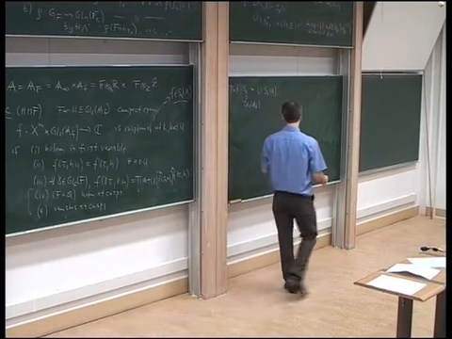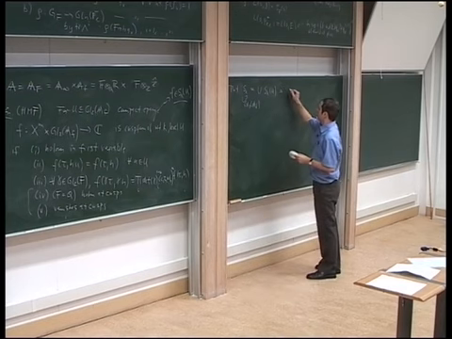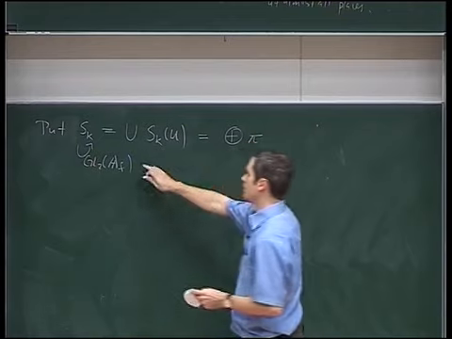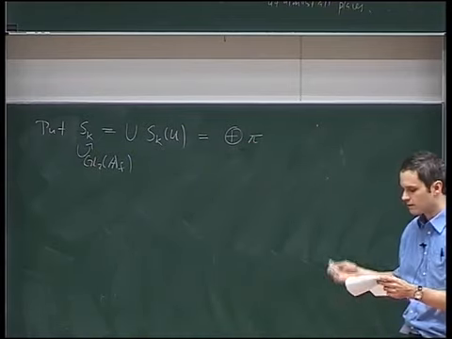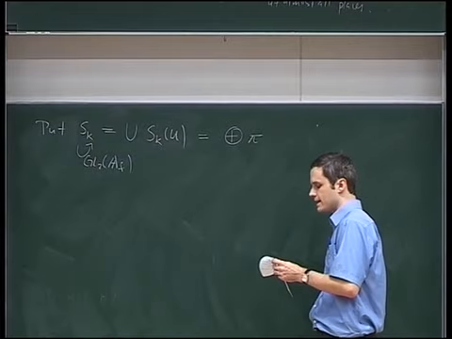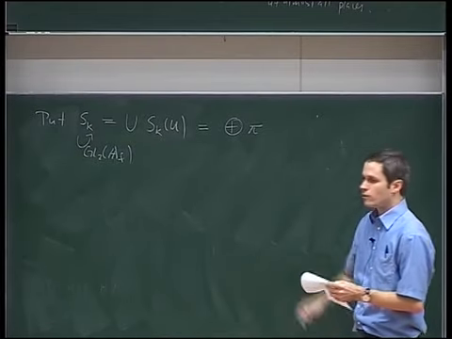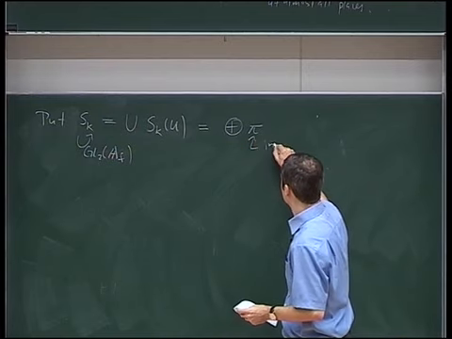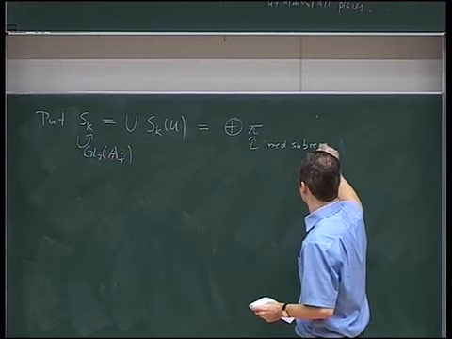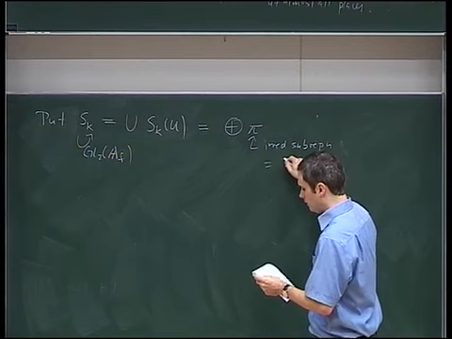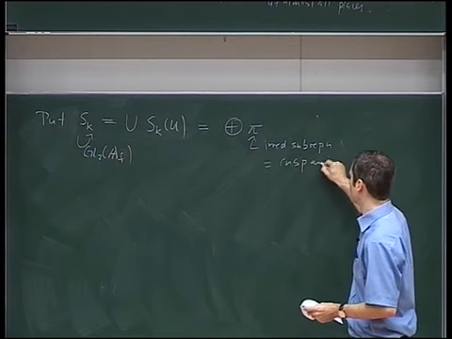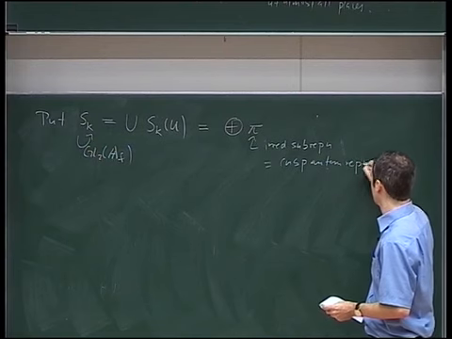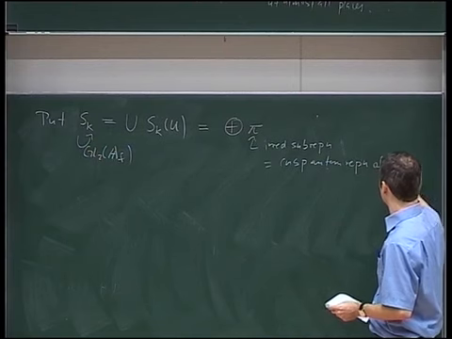And it's a fact that this representation is admissible in some technical sense, and decomposes as a direct sum of irreducible subrepresentations, which I'll call cuspidal automorphic representations of weight k.